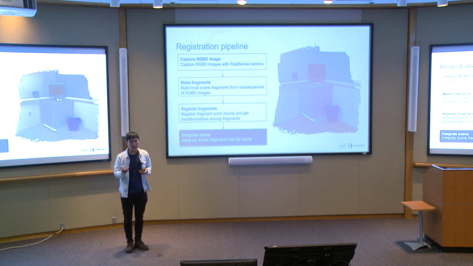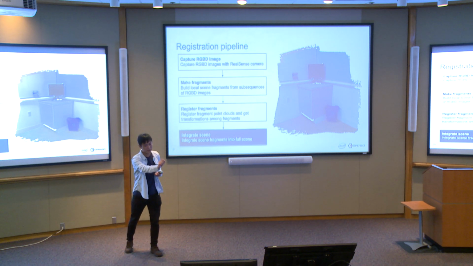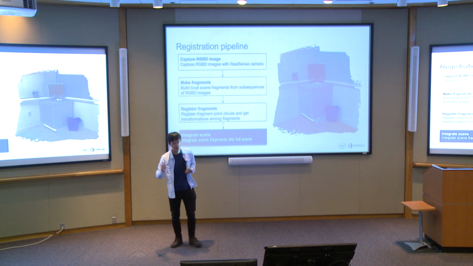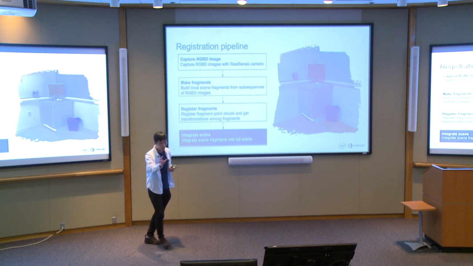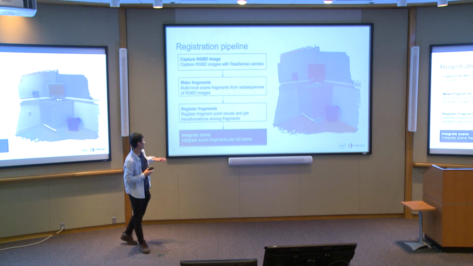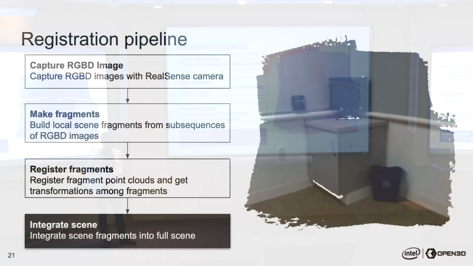So we can think of TSDF as an average of the RGBD images. For example, you have an RGBD image, and then you have some value cast in the space, right? And you have another RGBD image, some other value, and then the TSDF will store those values in a grid pattern, and then we run marching cube to extract the mesh from that.